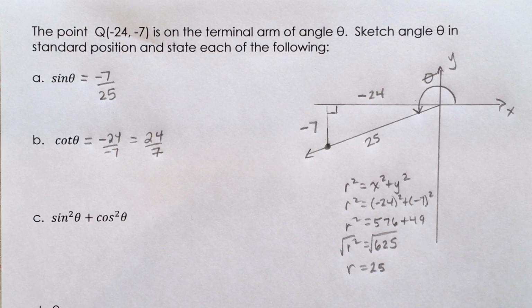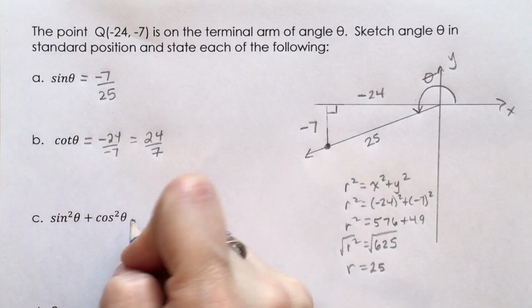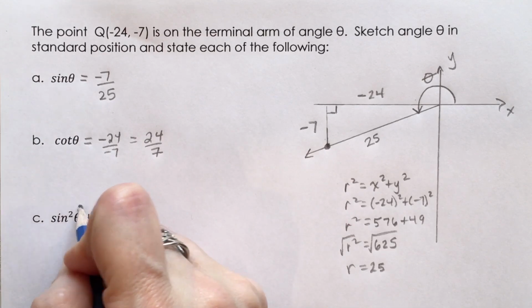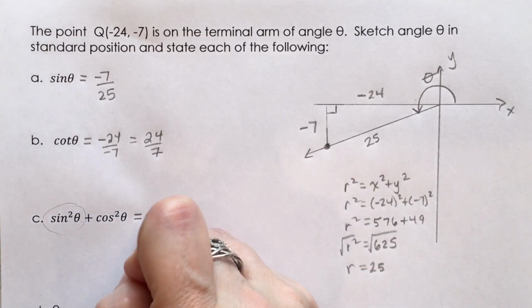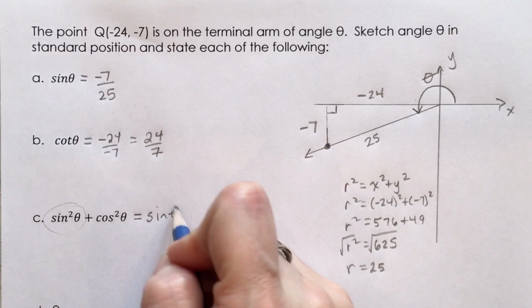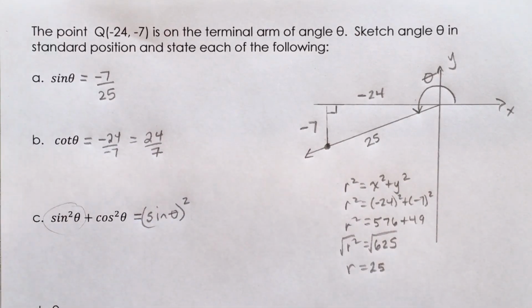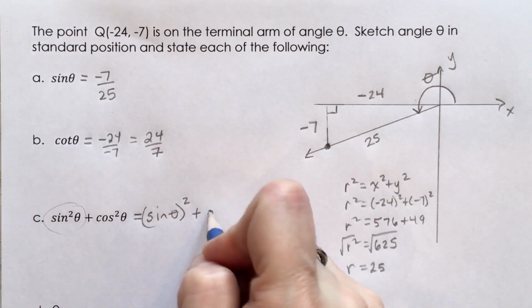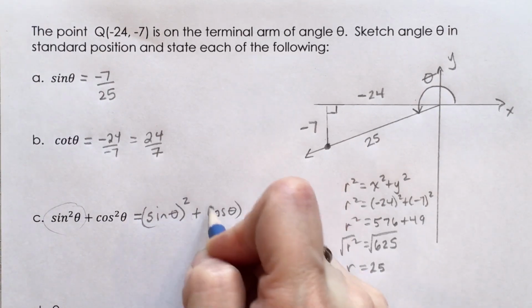Sine squared theta plus cos squared theta. So we haven't seen that notation, let's call it, before. What that means is sine theta squared. It's just a shorter way of writing it without the brackets, plus cos theta all squared.